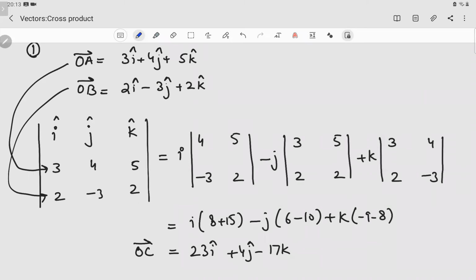Let's take the dot product of OC with OA.